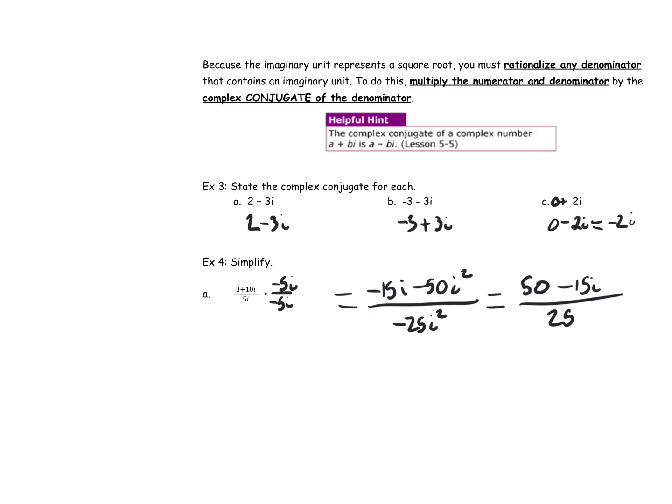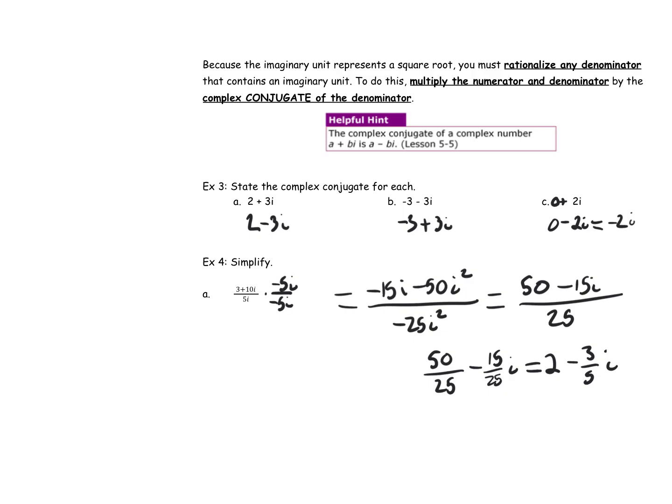Really this is 50 over 25 minus 15 over 25i. 50 divided by 25 is 2, and negative 15 over 25 can be divided by 5, so that's negative 3/5 i. And that is our final answer: 2 minus 3/5 i.